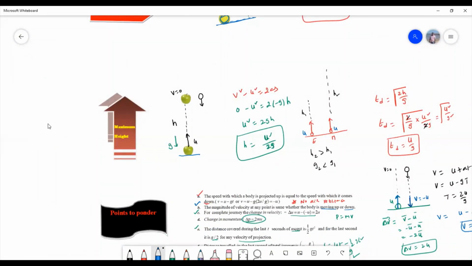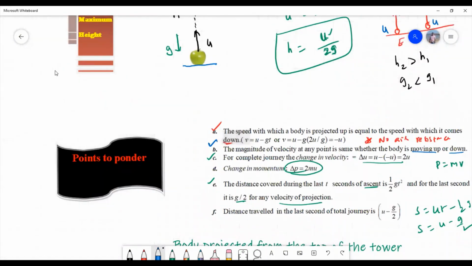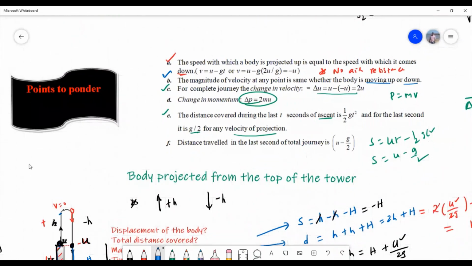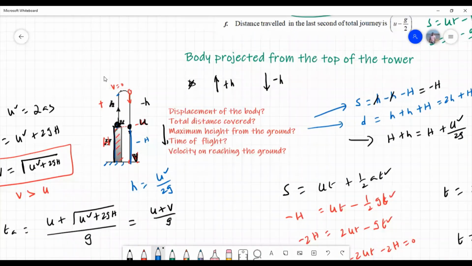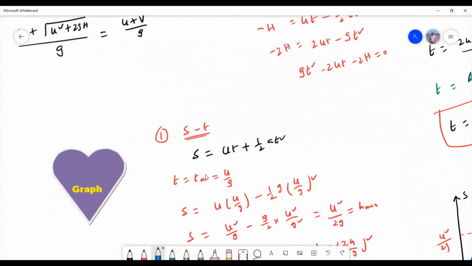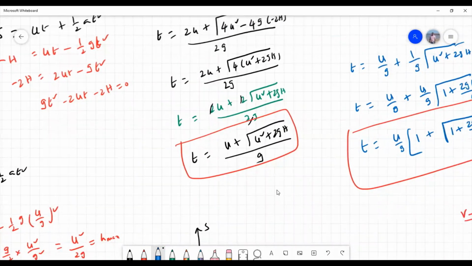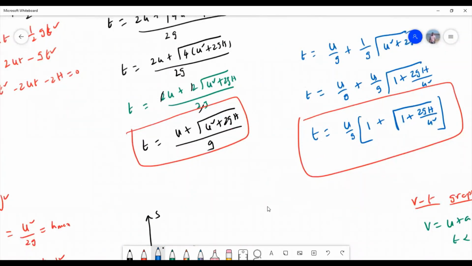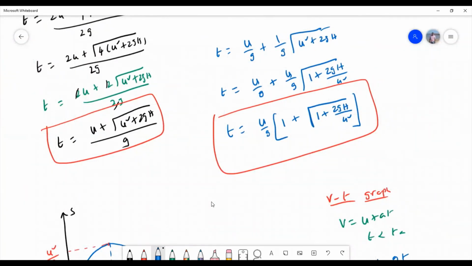Then we discussed the maximum height and some important points to ponder, very, very important. Then we discussed the body projected from the top of a tower. Then at last we discussed the graphs. So this is all for this particular topic. In the coming video, I'm going to discuss the applications of bodies under gravity.